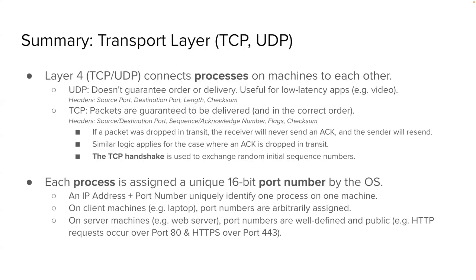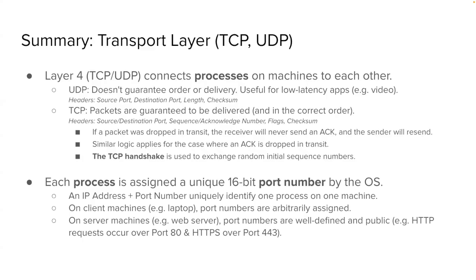TCP ensures order and reliability, and it does that by, if the packet is dropped, then you never receive an ACK for that packet, so the sender knows, oh wait, I need to resend that. Similar logic applies when the ACK is dropped. That's the same thing. So if either the packet or the ACK itself is dropped, we just resend.